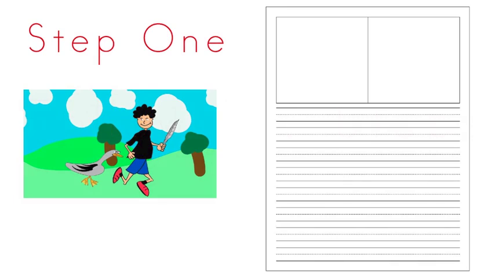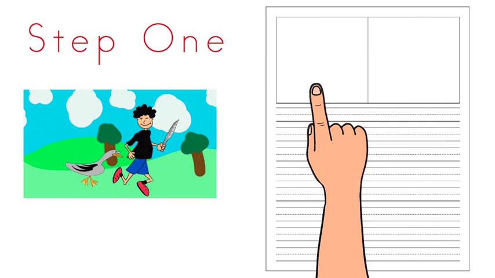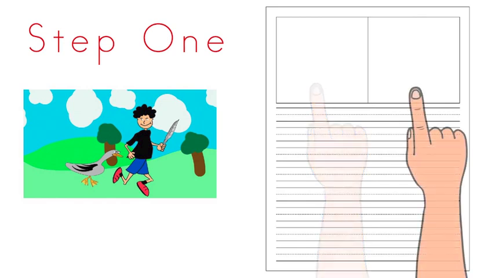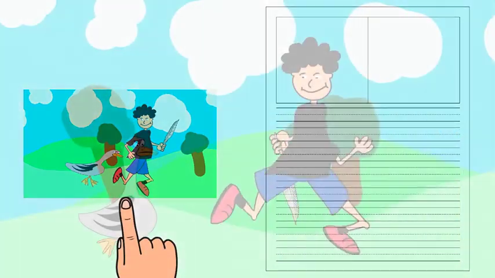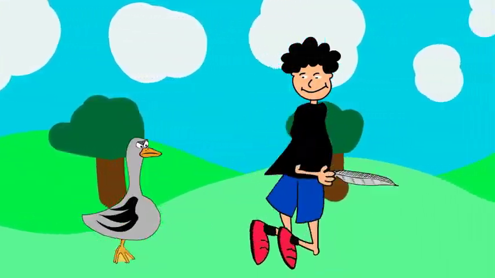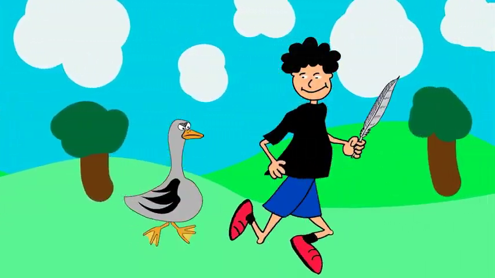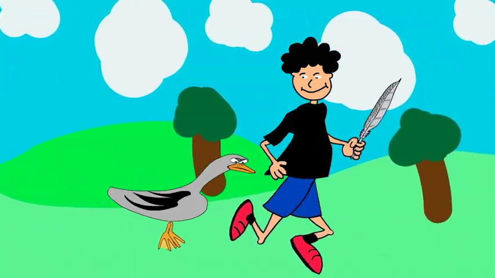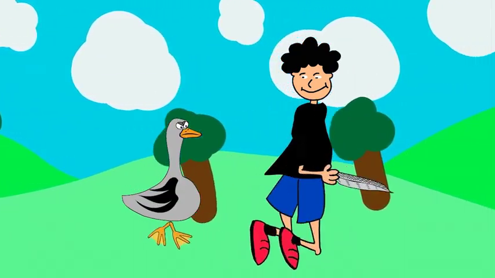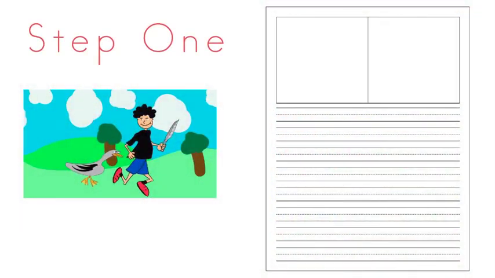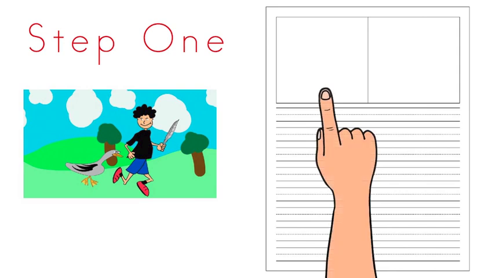Step 1. Plan the basic sentence. Fill in both planning boxes. First, let's go back to the idea. Go to the left planning box and ask, who or what was the idea about?